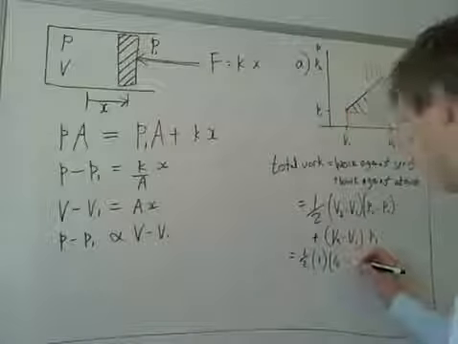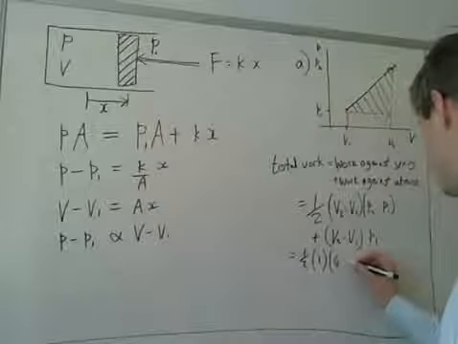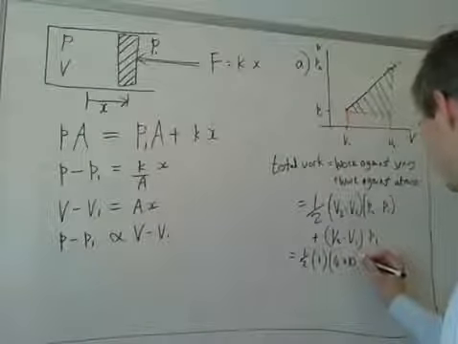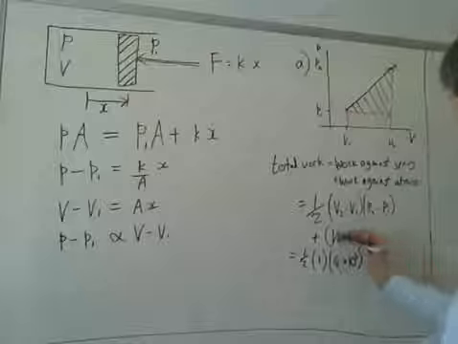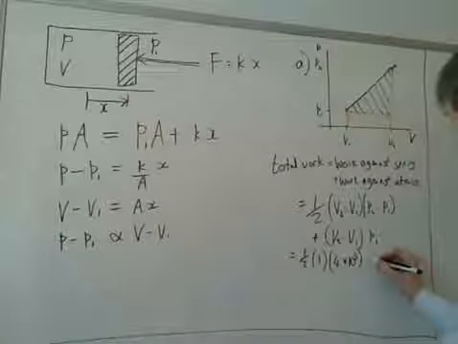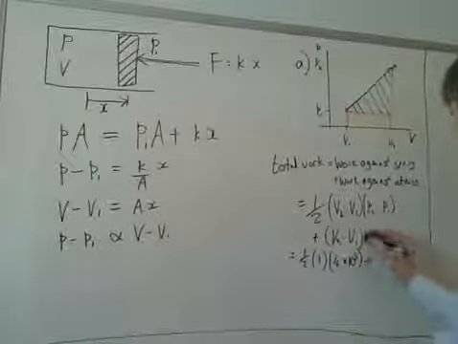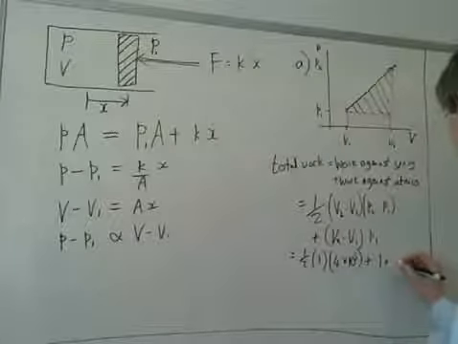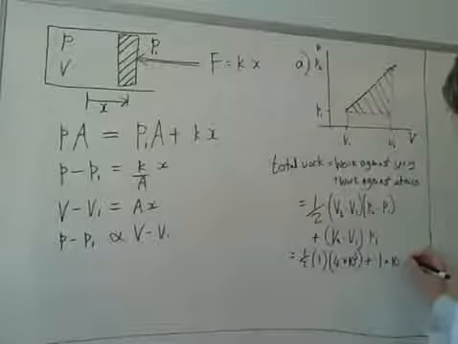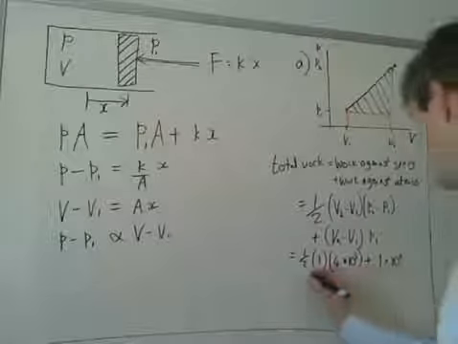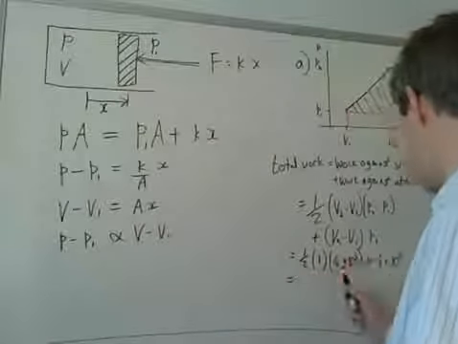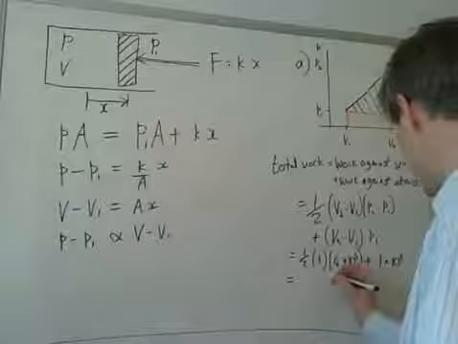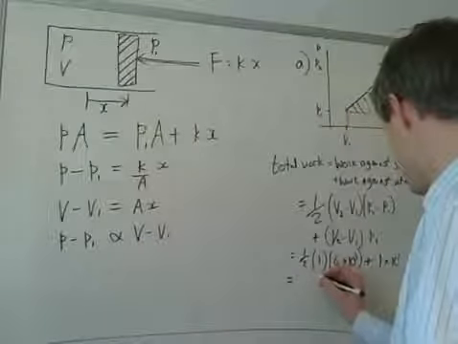There are 10 to the 5 pascals in 1 bar. And then we need to add on the work done against the atmosphere, which is change in volume of 1 meter cubed times P1, which is 1 bar or 10 to the 5 pascals. So the work done against the spring is 2 times 10 to the 5.